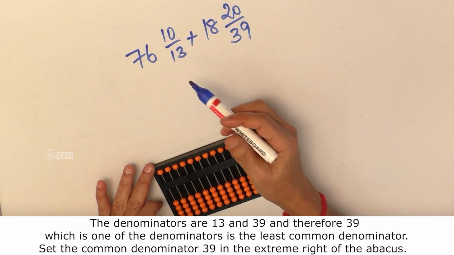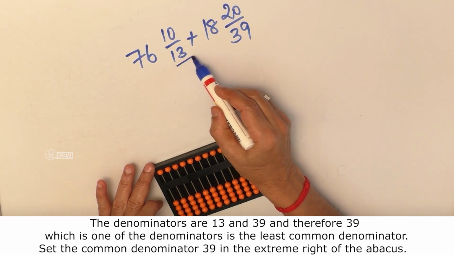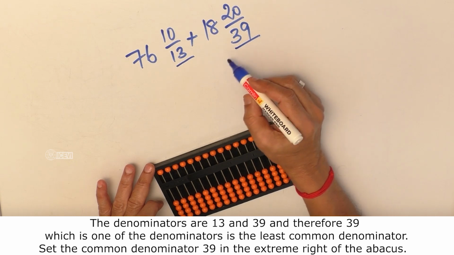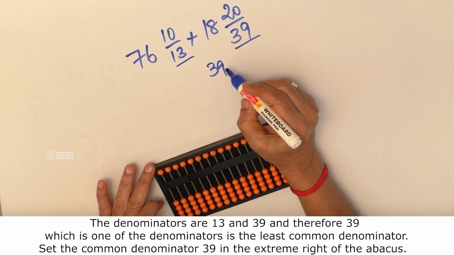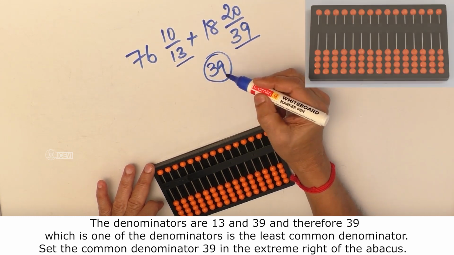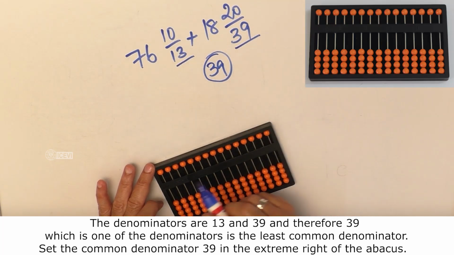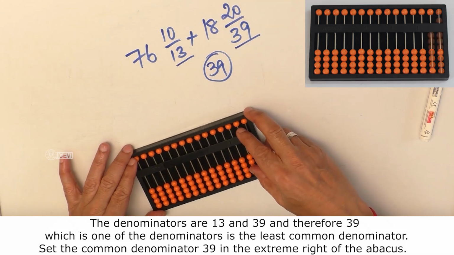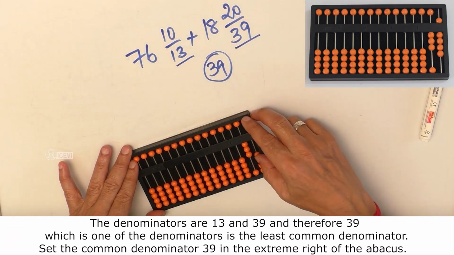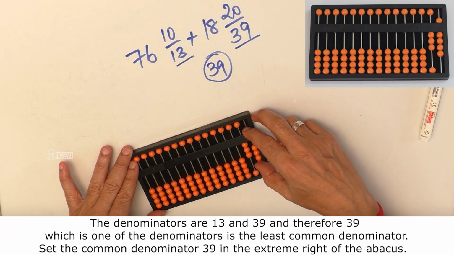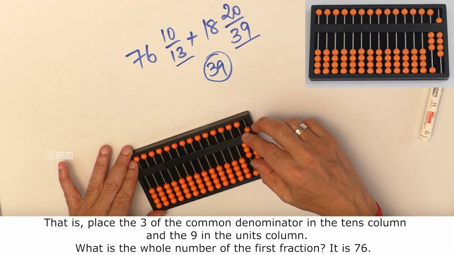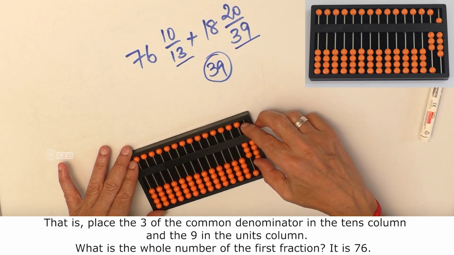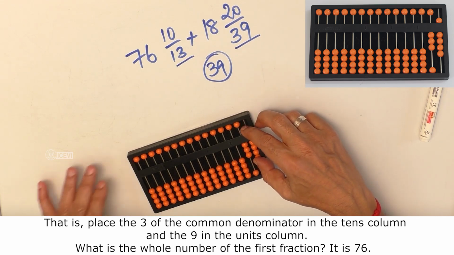The denominators are 13 and 39, and therefore 39, which is one of the denominators, is the least common denominator. Set the common denominator 39 in the extreme right of the abacus, that is, place 3 of the common denominator in the tens column and 9 in the units column.